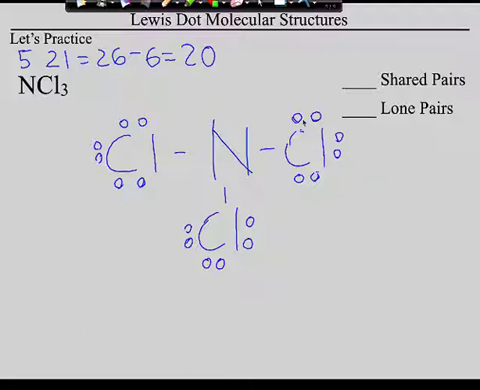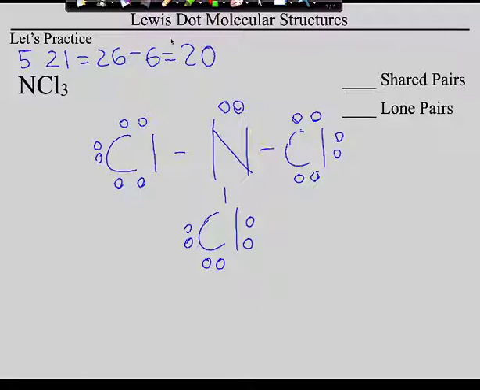So there are 18 electrons around our halogens. How many do we have left? 2. And we will just put those 2 right here. There we go. So now we have all 20 electrons on the board.